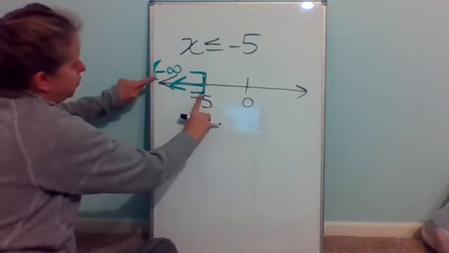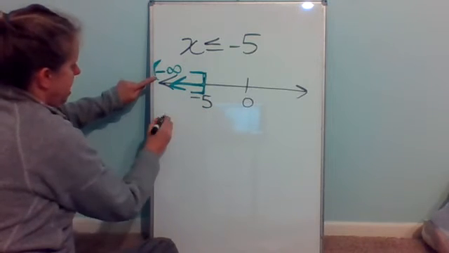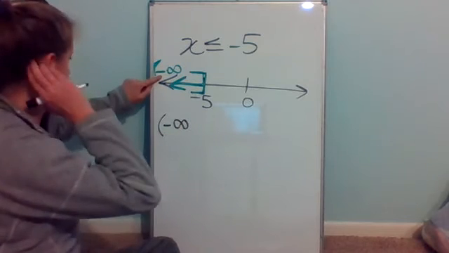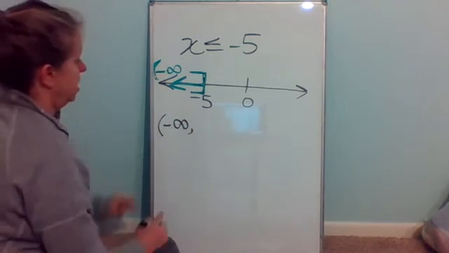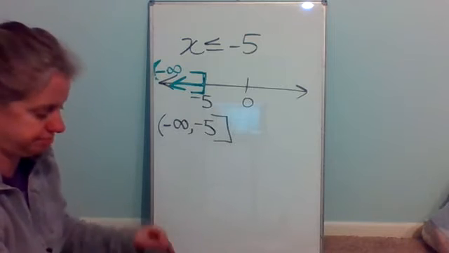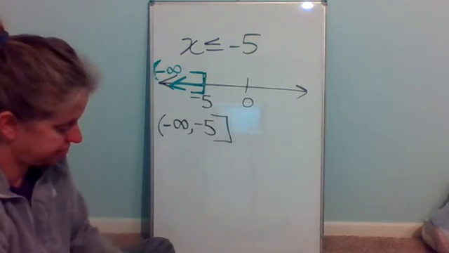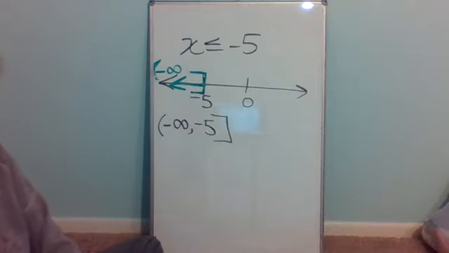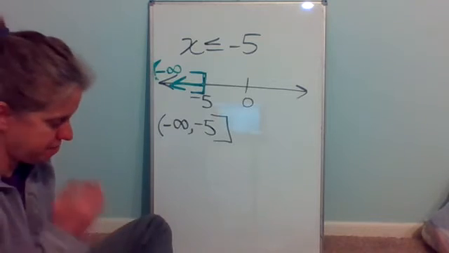So here's your interval. It has the open parentheses with the -infinity, and then the -5 with the closing bracket. Okay?